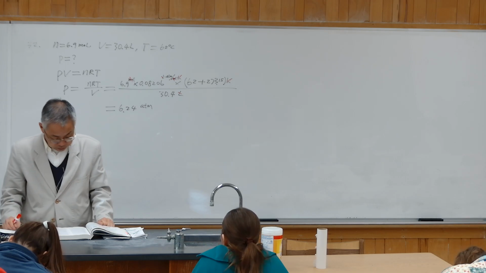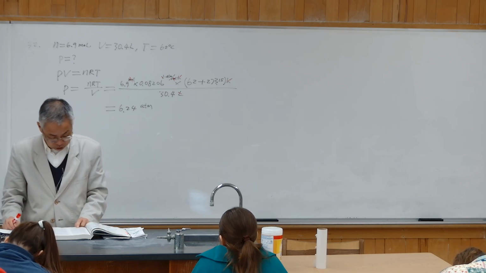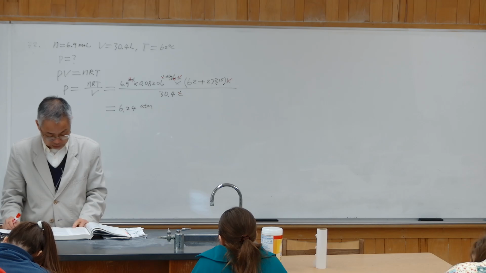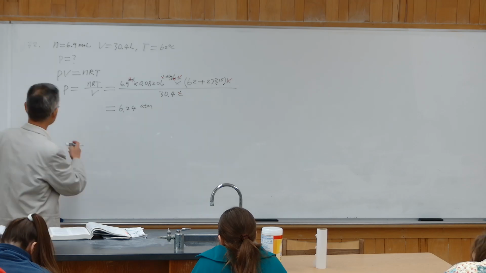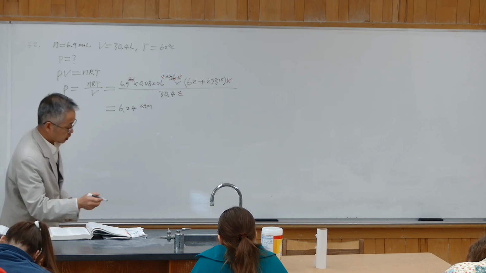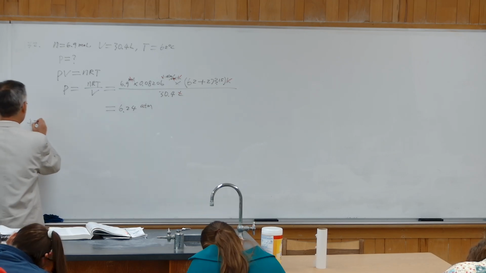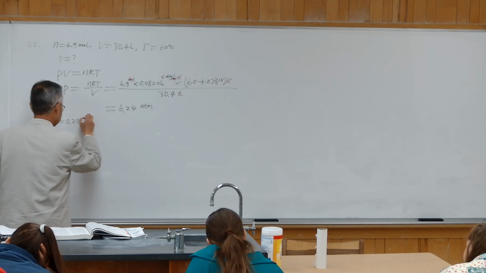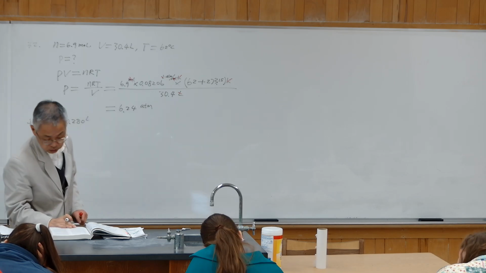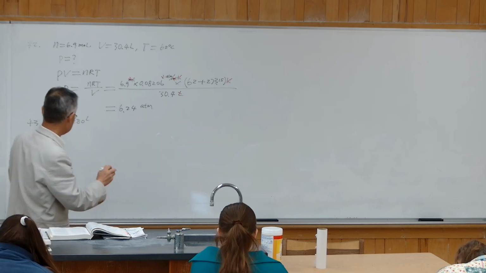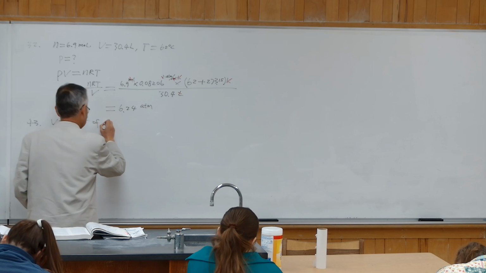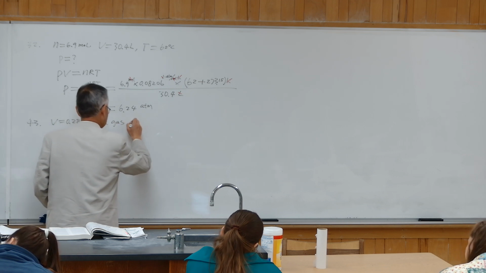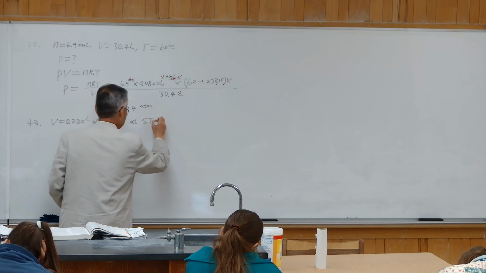A volume of 0.28 liter of gas at STP. This is 43. Volume 0.280 liter of a gas at STP.